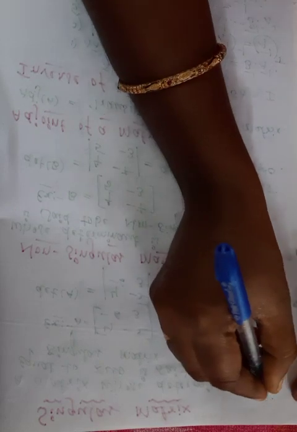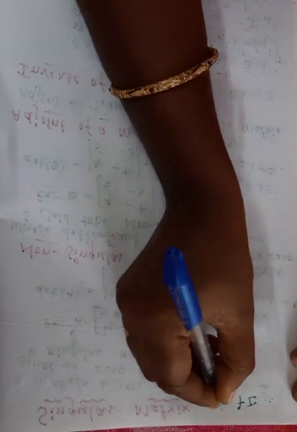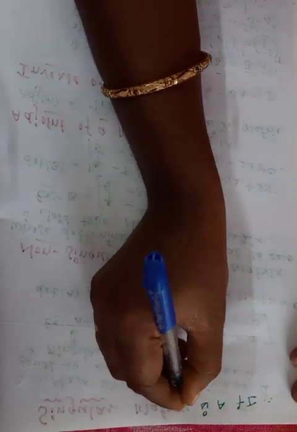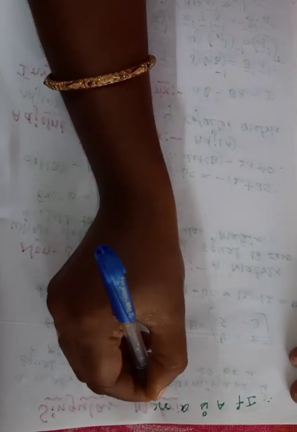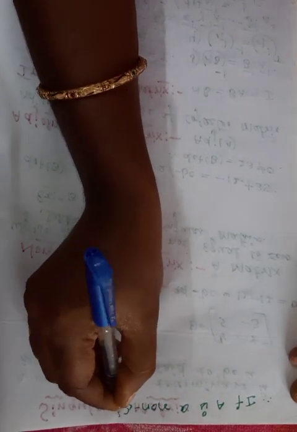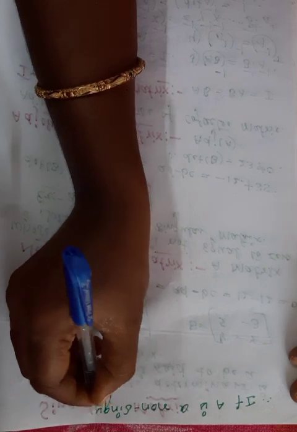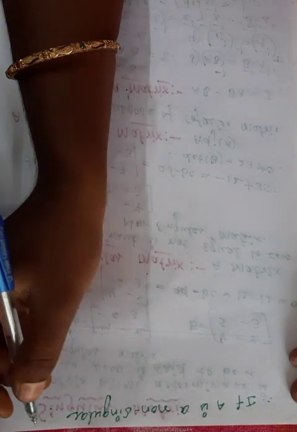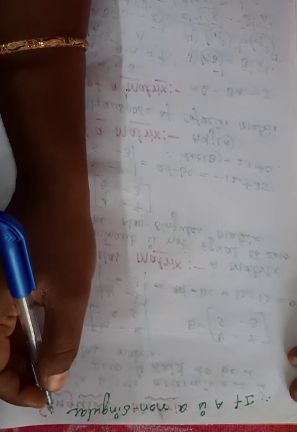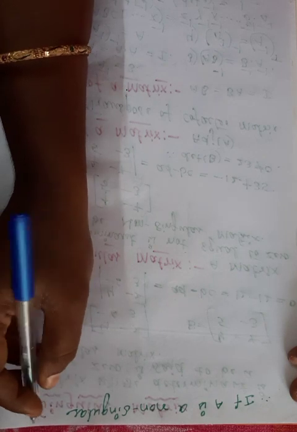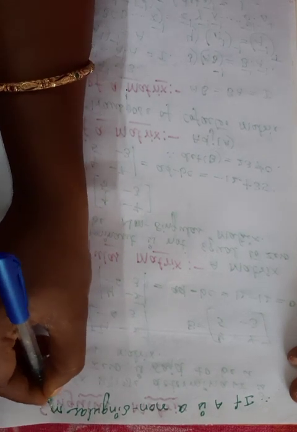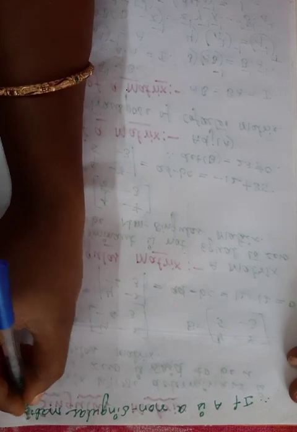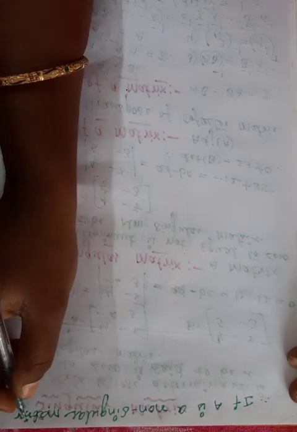Therefore, if A is a non-singular matrix, for every non-singular matrix there exists an inverse. For a singular matrix, there does not exist A inverse.